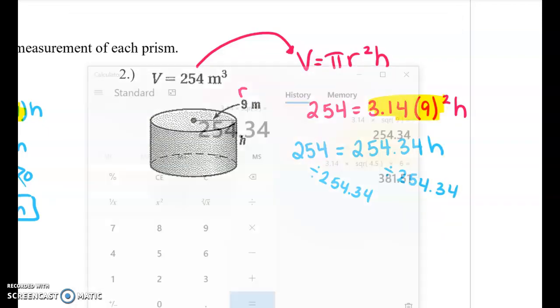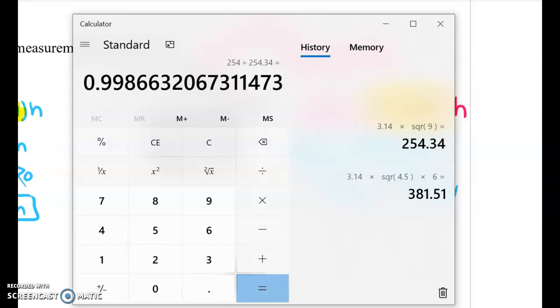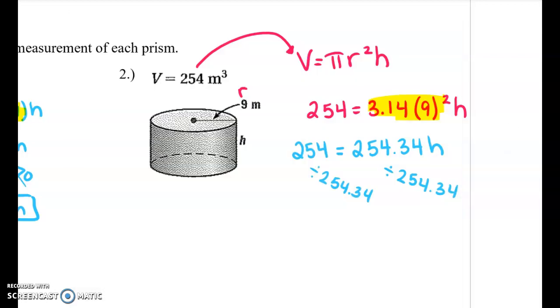Okay, so I can go in my calculator. It's 254 divided by 254.34 gives me 0.9986666. Basically, it's 1. Okay, so it's just about 1. The height is 1 meter.